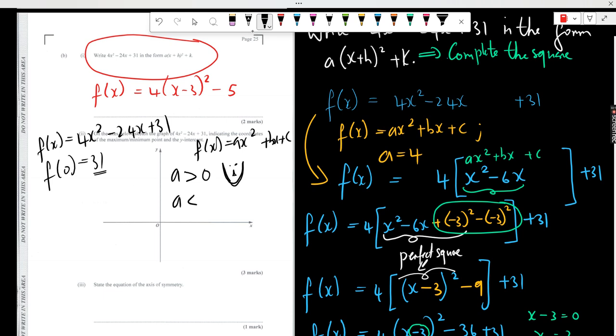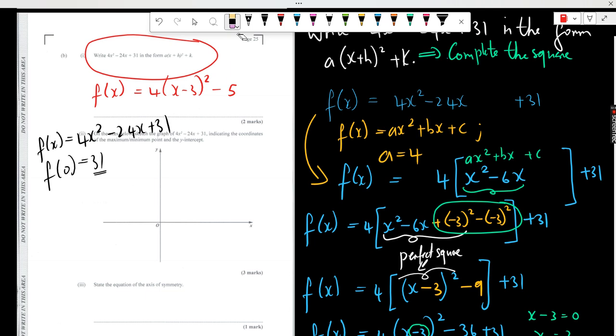However, if a is negative, it shapes like this, a frown, a long face. You must remember that. When a is positive, it opens upwards. When a is negative, it opens downwards. In this particular case, a is equal to 4, so it's going to be a smile. In other words, it opens upwards.